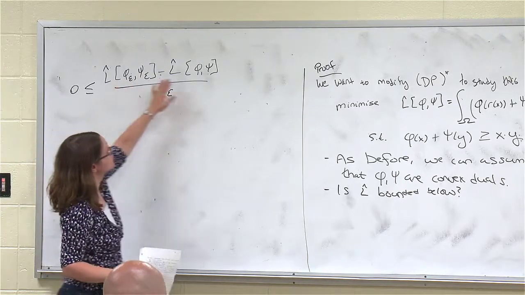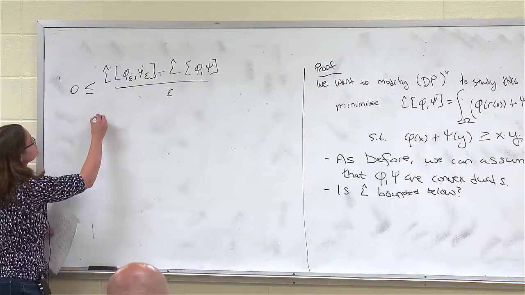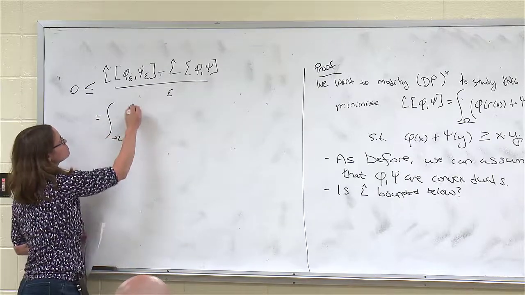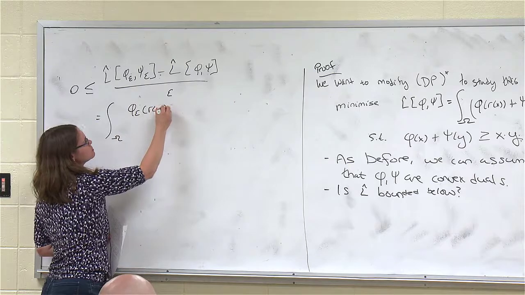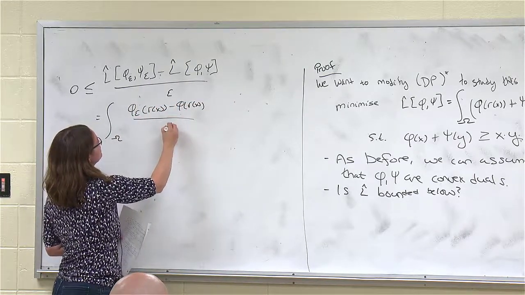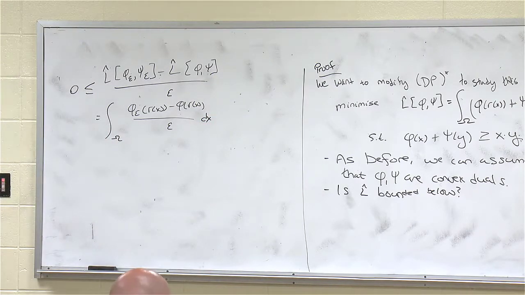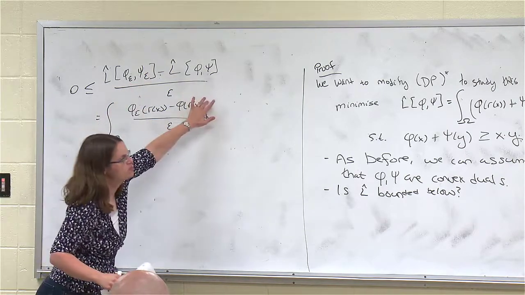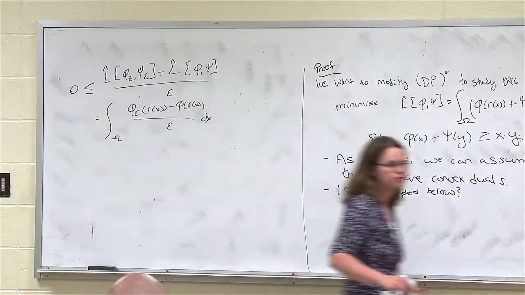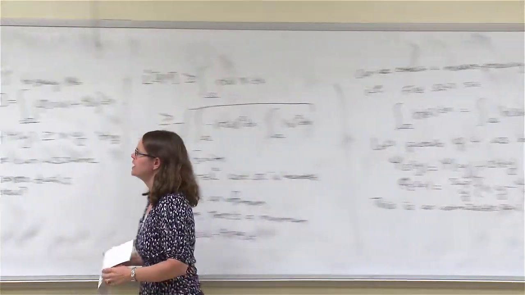We have a phi epsilon of r minus phi of r, over epsilon. We have a psi epsilon minus psi. Again, just like before, psi epsilon minus psi is epsilon h, and we divide out the epsilon, so we've just got an h.